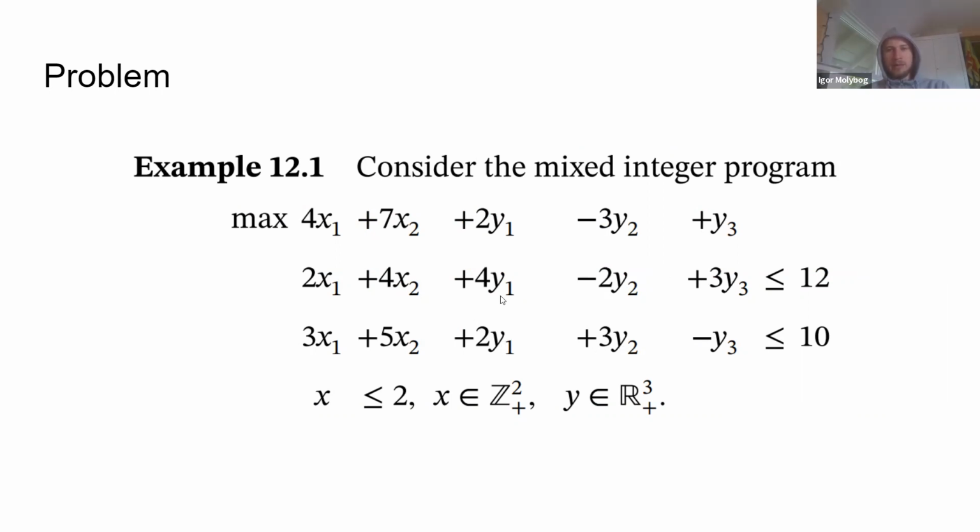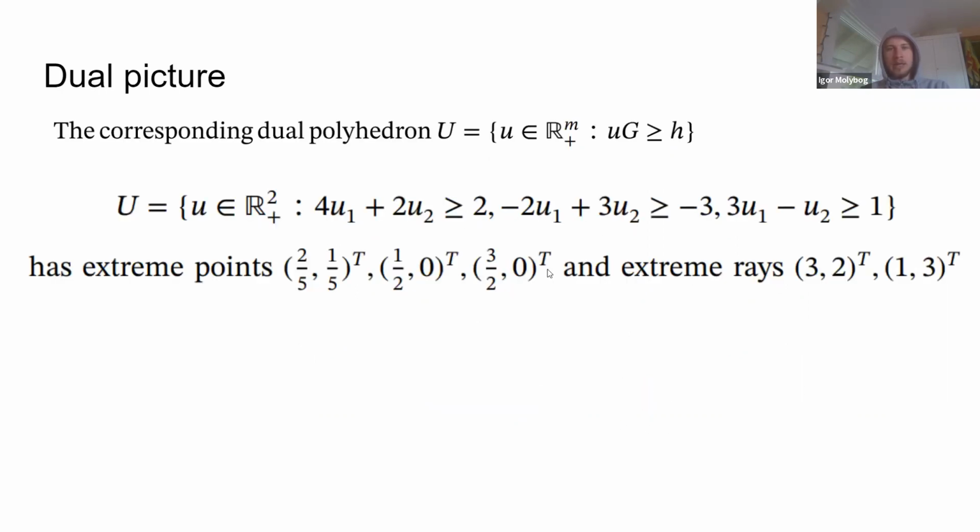We have only three real valued variables here. Therefore, we will only have three constraints. And the corresponding set U has three extreme points and two extreme rays, (3, 2) and (1, 3).